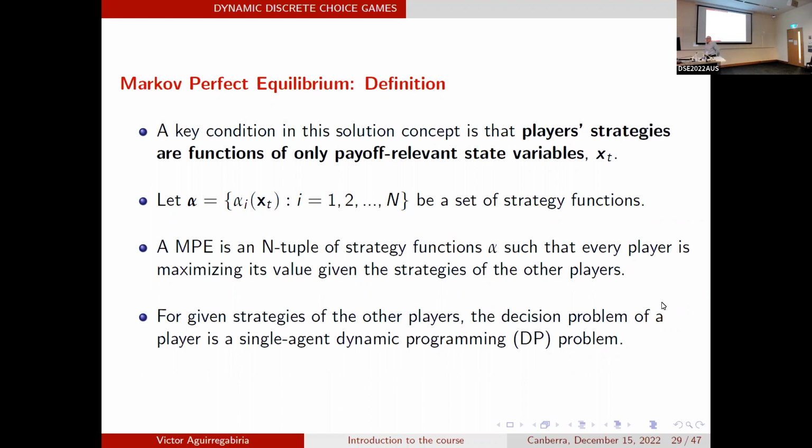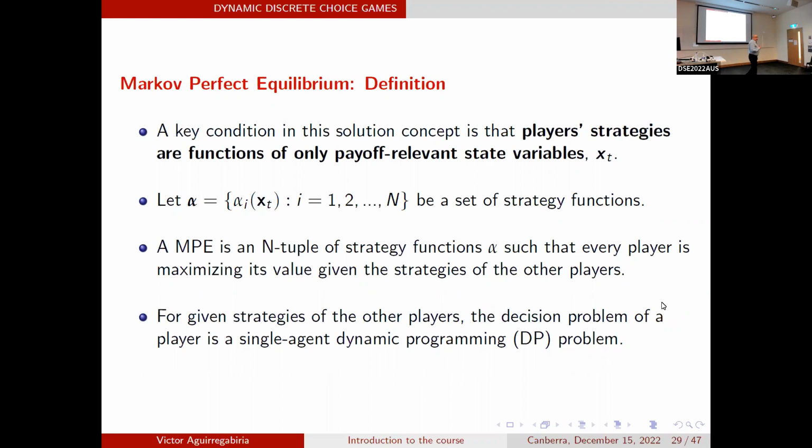The second condition is basically a Nash equilibrium condition in a dynamic context. Taking as given the strategies of the other players, I know how the other players will behave now and in the future.